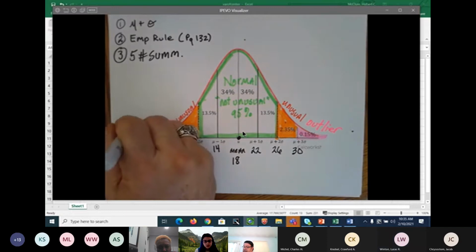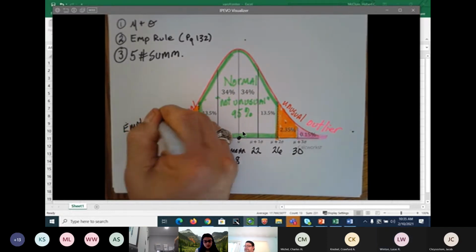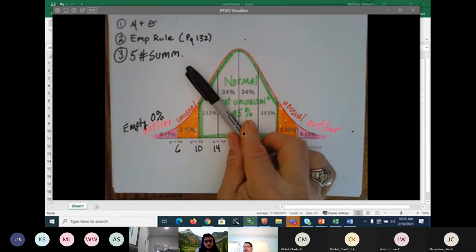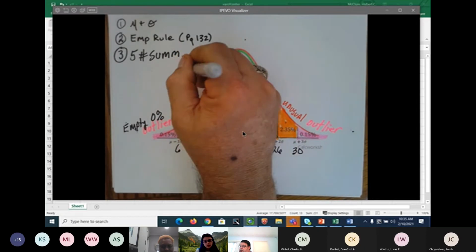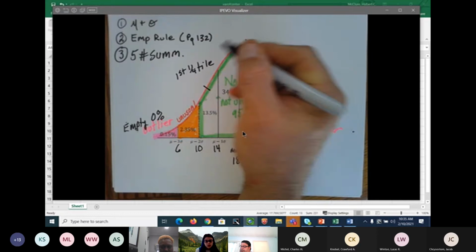And empty represents basically 0%. Well, what's this right here? If I got a mark right there and my needle is right there, what does that represent? A quarter. And that's called the first quartile or the 25th percentile.